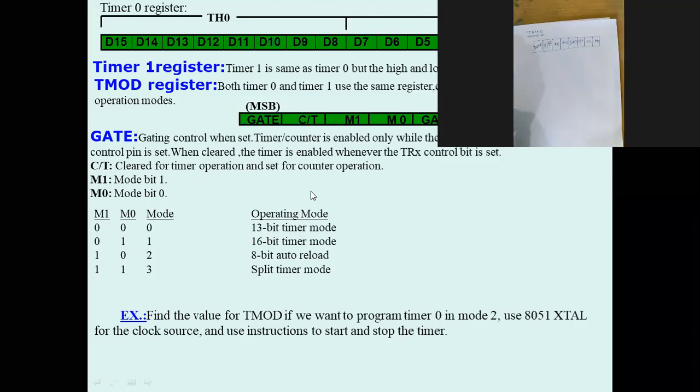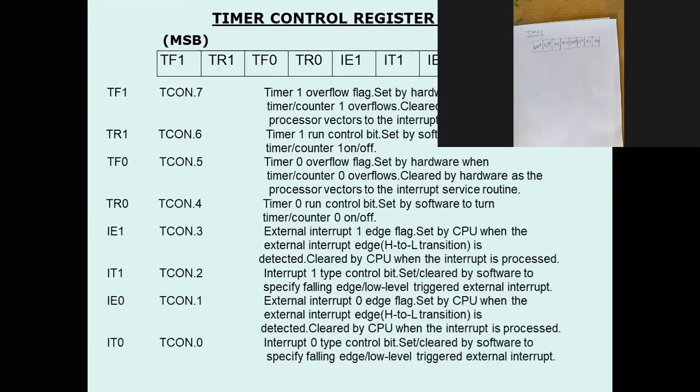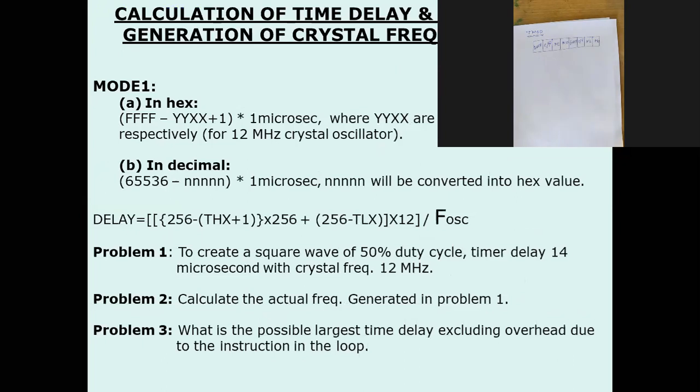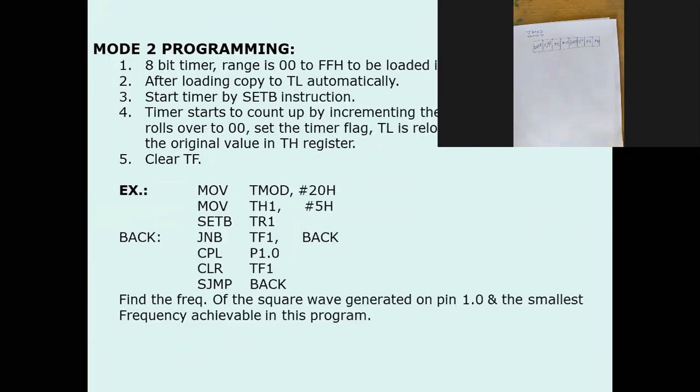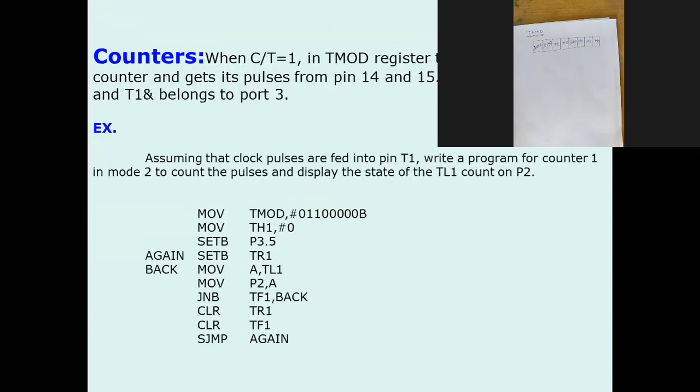So this is the 8-bit register. Now we will see, when timer 1 is selected and when timer 0 is selected, what different things occur inside this timer.